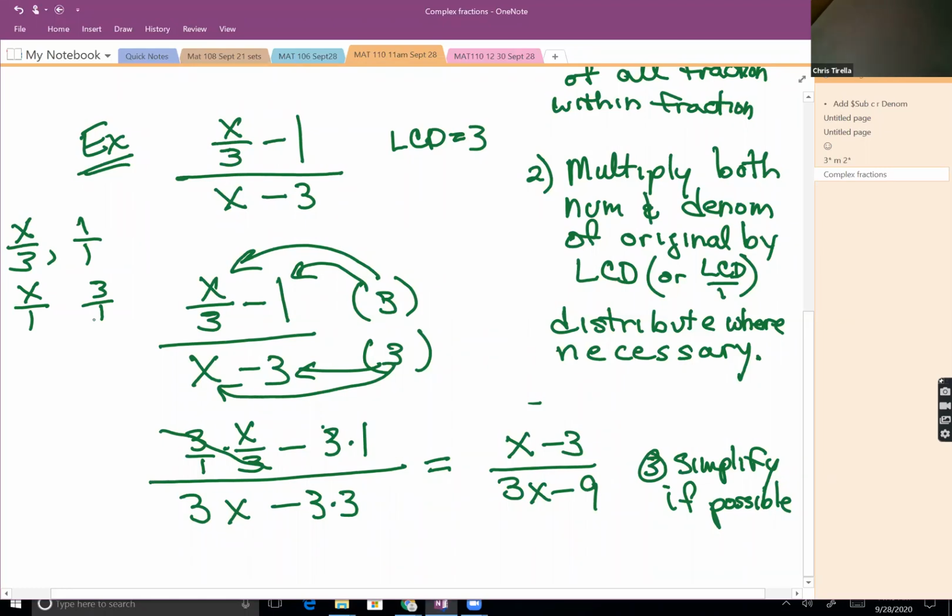So in this one, really, the only number in the denominator is 3. We're going to look at a couple more examples that are a little bit more involved. The way you pick the common denominator is the same way you'd pick it if you were adding and subtracting. Okay.